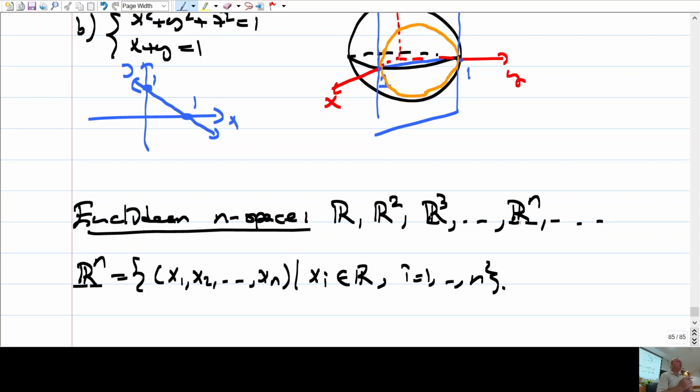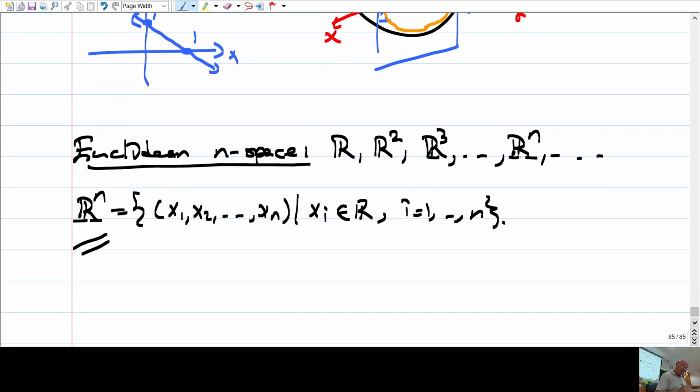What we do in general, if we work on Rn, we represent it again like it is R3. So we usually do this. Let's say x1, x2, xn. We draw pictures like this.